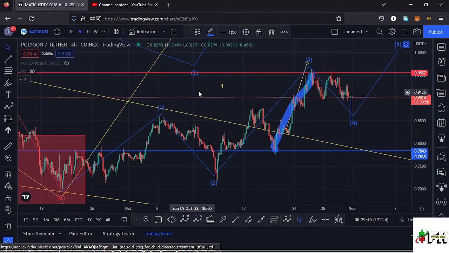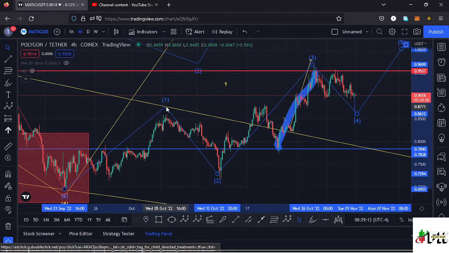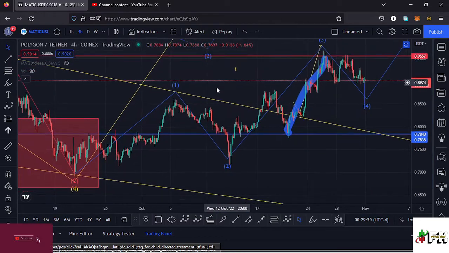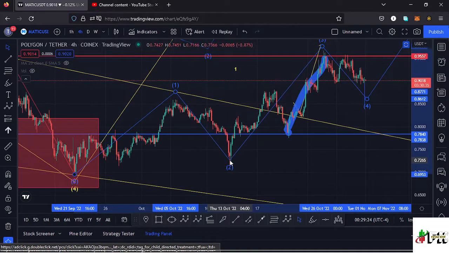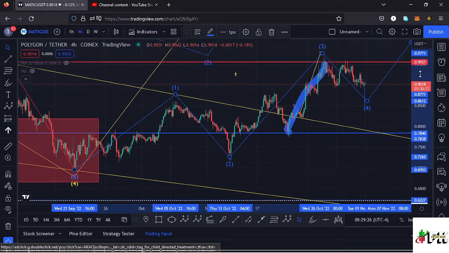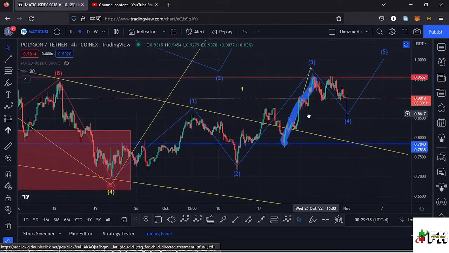And getting a little bit into the details of the formation of this Elliott wave structure right here, so that we can get the key scenarios that I expect to play out. After making our high for that first wave, we saw a very nice retracement over here in the formation of a wave 2, and after making the low for that second wave, we saw a very nice bounce to the upper side in the formation of a third wave.